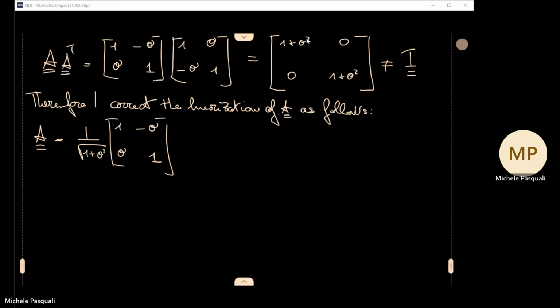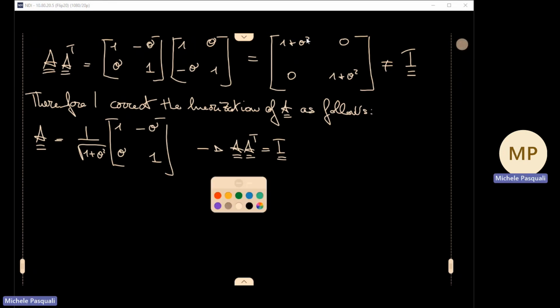So that now A applied over A transposed is actually the identity matrix. Okay.